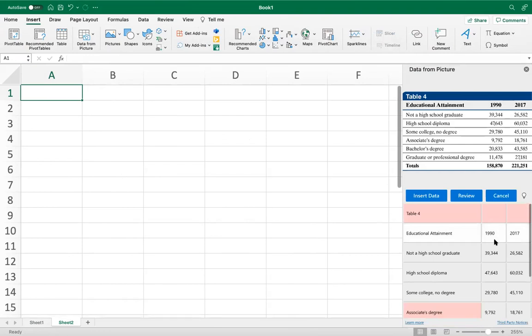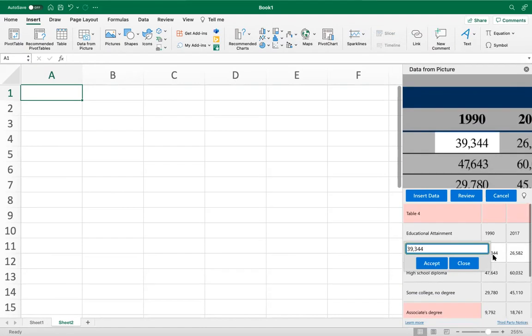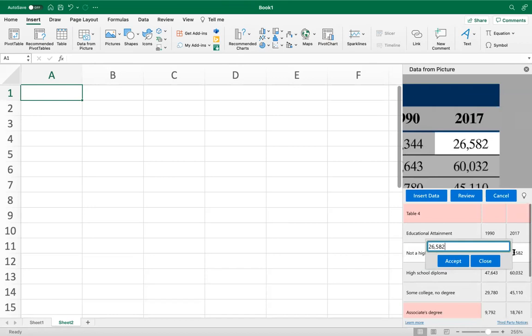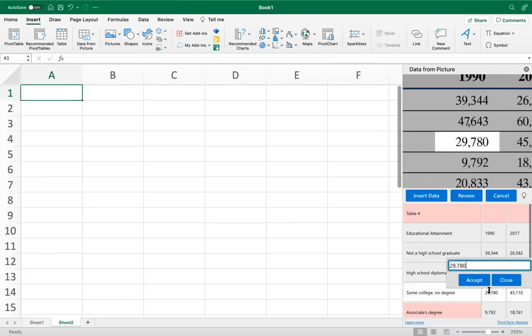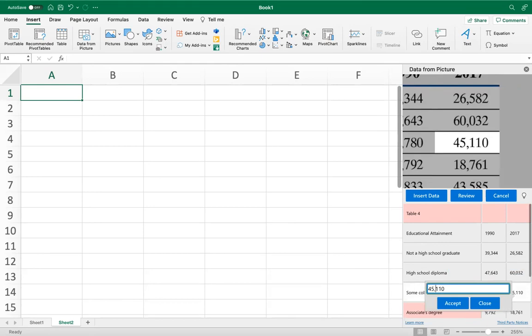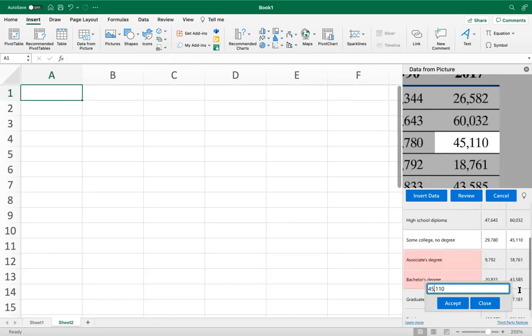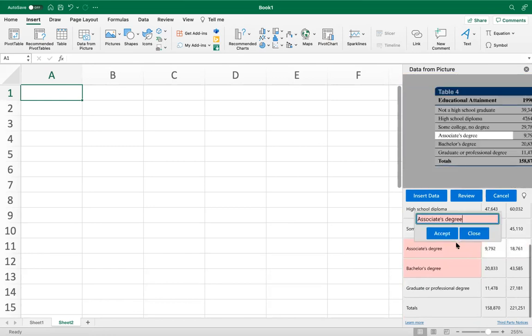And from here, you just want to make sure that the numbers are correct. So we're looking at education and educational attainment, 1990, 2017. Then we have 39,349, good. 26,852. Good, good, good. There are times where it does add extra spacing that you don't need. Associate's degree, good.